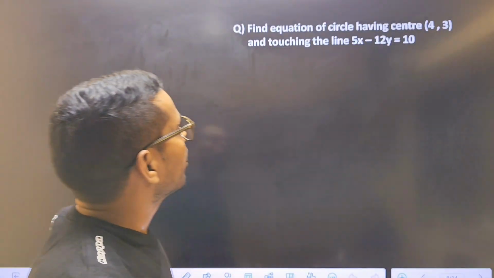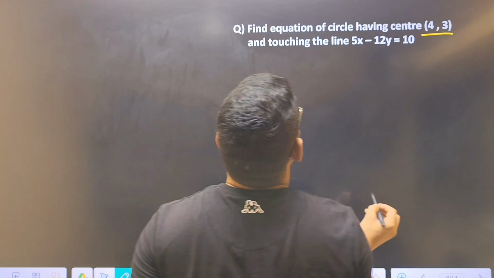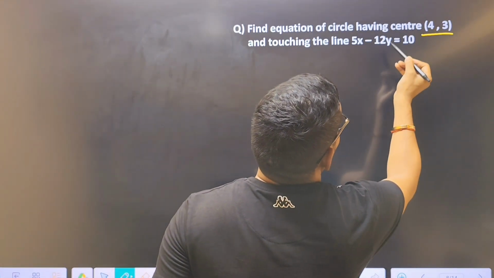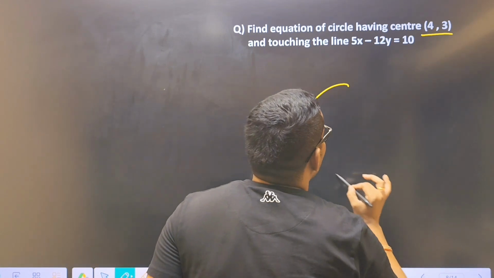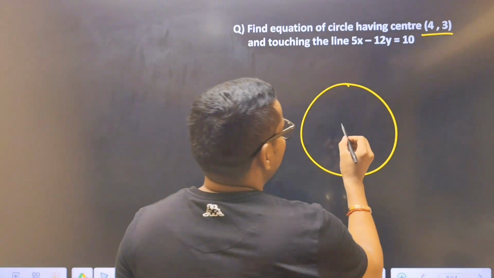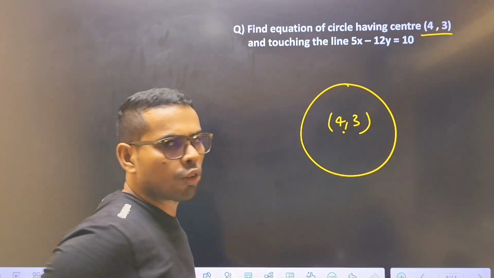Now, next question. Find the equation of circle having center (4, 3) and touching the line 5x minus 12y is equal to 10. Now try to decode the given information. The center is given, (4, 3).